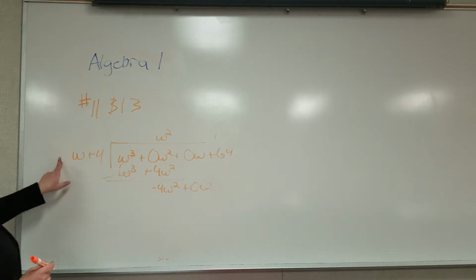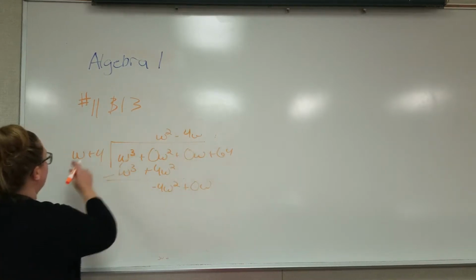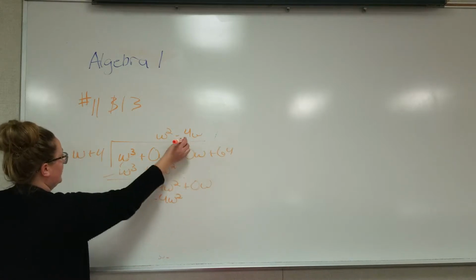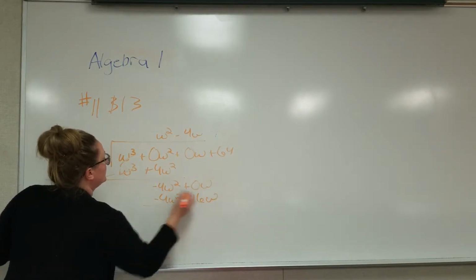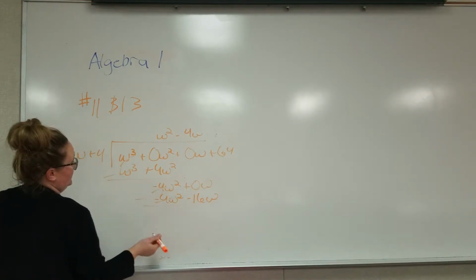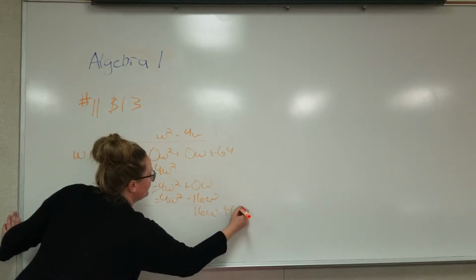So I need a negative 4 and I need one more w, negative 4w. Negative 4w times w is negative 4w squared. Negative 4w times 4 is negative 16w. Subtract, these eliminate. This is going to be 0 minus negative 16, which actually makes a positive 16w plus 64.